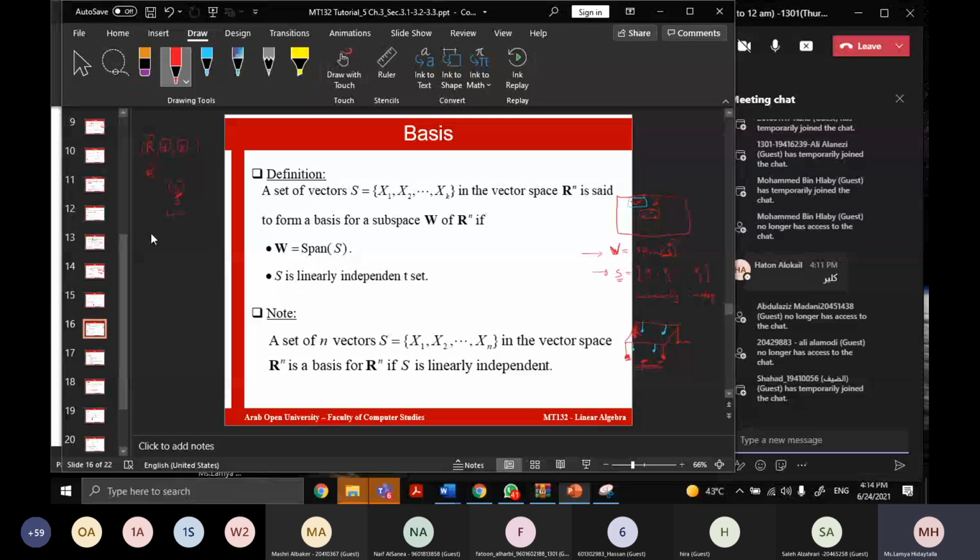Let's say لو كان عندي R4 with these 2 operations اللي هو standard addition of vectors وال standard scalar multiplication.